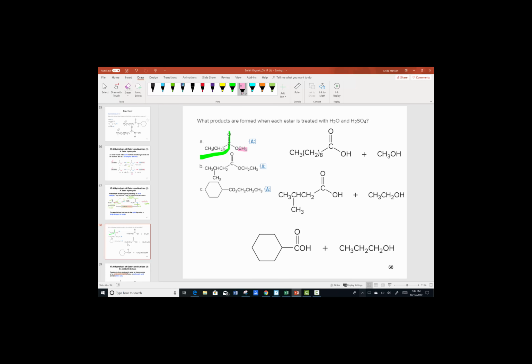And the remainder is easy. You're starting with the ester and you're treating it with water. So the ester with water is known as hydrolysis.